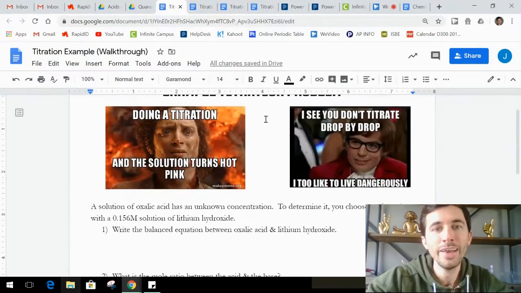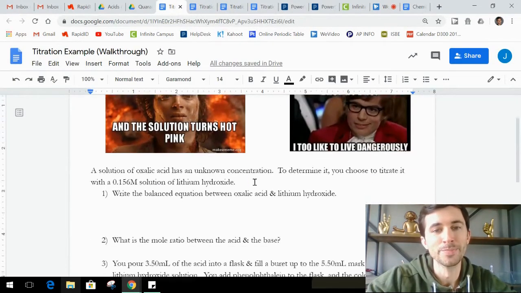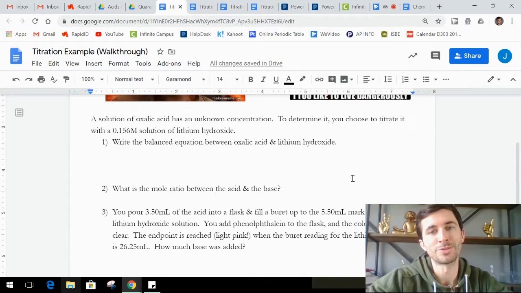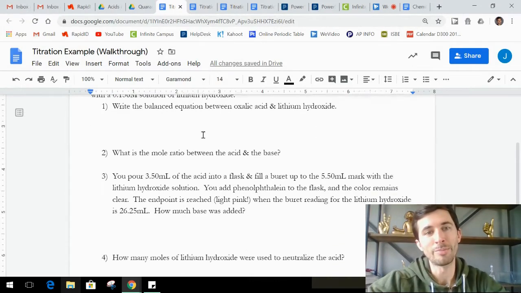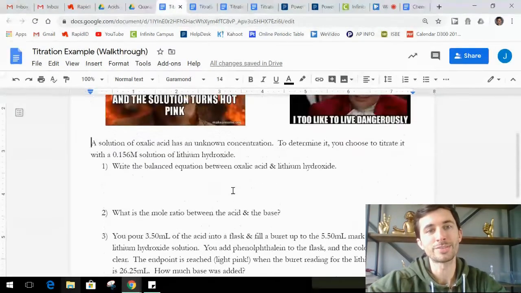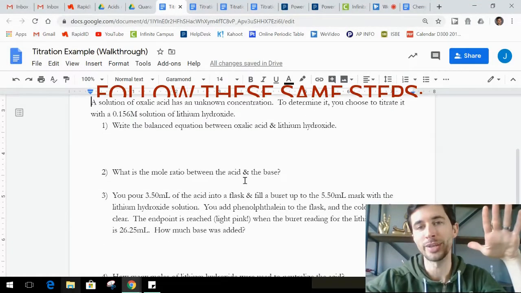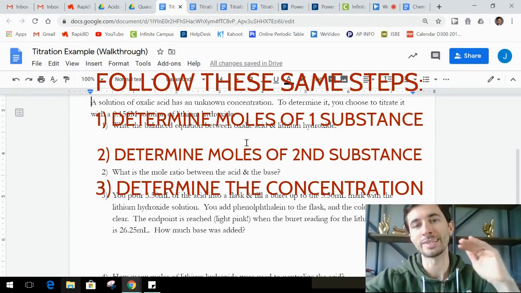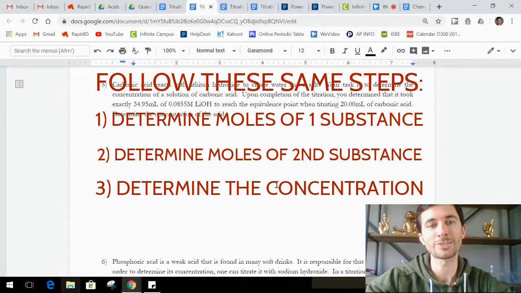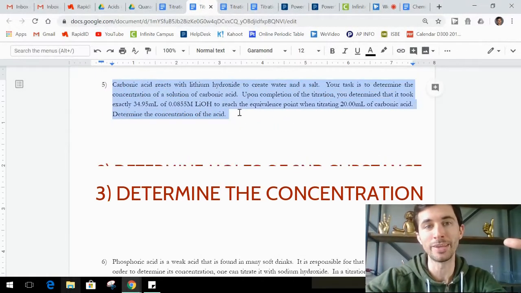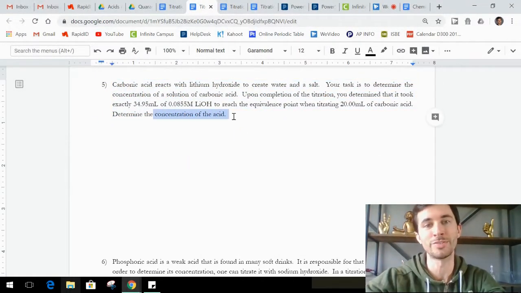So we're going to look at this example. Now, all titration problems are extremely similar. You might get annoyed by how many questions there are here, but I wrote it like this for a reason. We're going through the process step by step. And eventually on the homework, you'll get to the last few questions where it's just straight up, here's the information, what's the concentration of the acid?